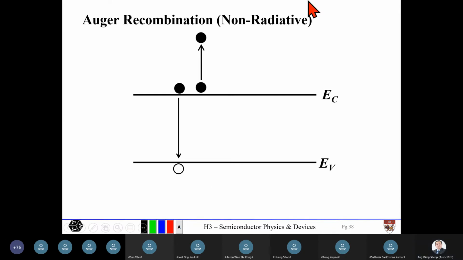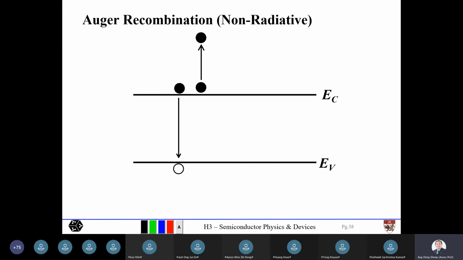Obviously, when there are more electrons in the conduction band, for example, Auger recombination has a higher chance of happening, because the excess electron can always receive the energy from the recombination event and get excited to become more energetic. Similarly for the holes. We didn't discuss Auger recombination because it's not likely to happen under normal circumstances.